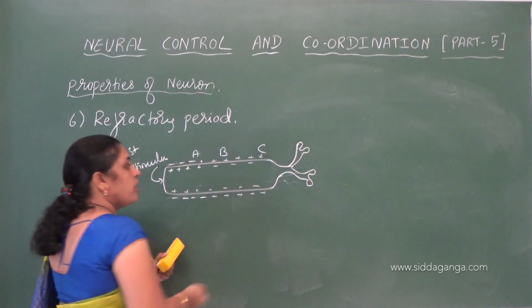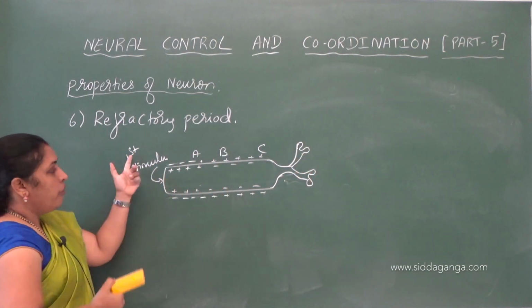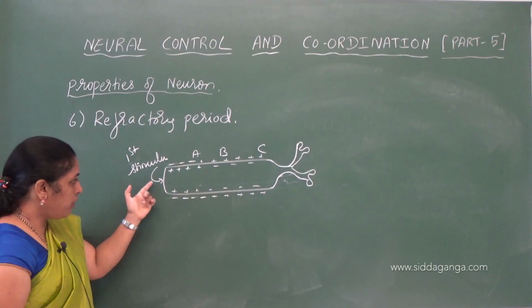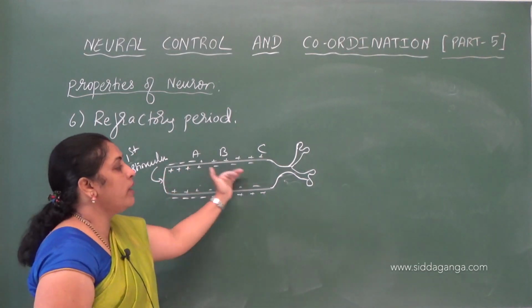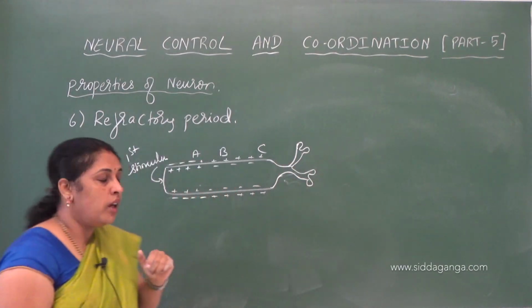When we apply a stimulus for the first time, an action potential will be generated here and carried to the axon terminal.